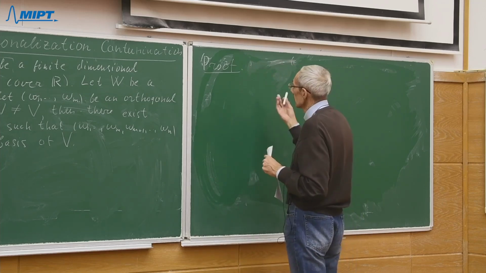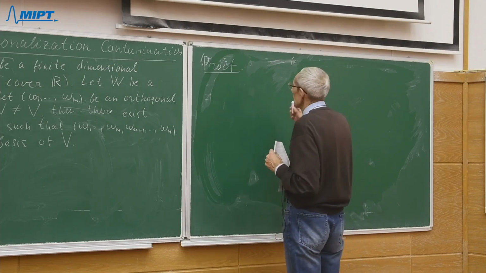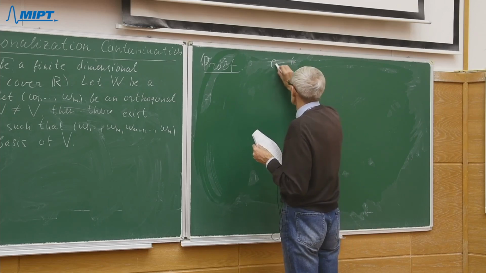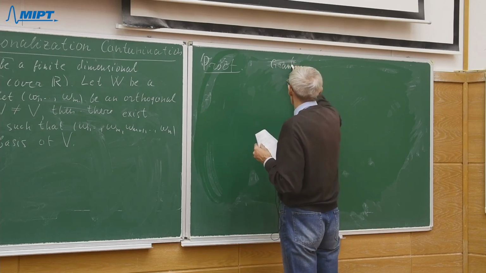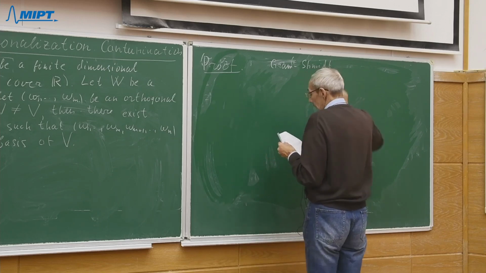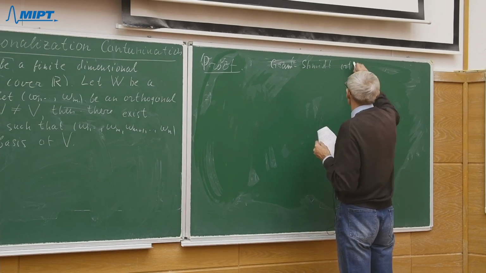The method of proving this theorem is called the Gram-Schmidt algorithm, or orthogonalization process.